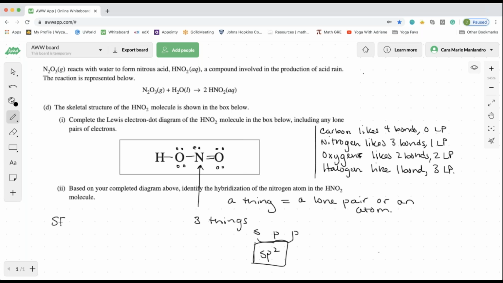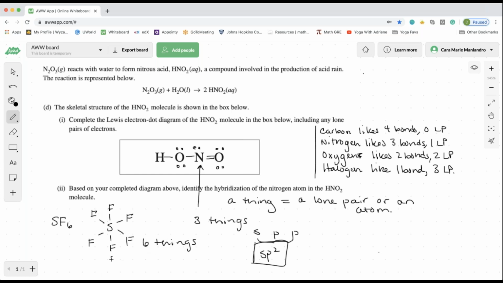So what would the hybridization of this guy be? You would always want to draw the Lewis structure and determine that there are 6 things attached.